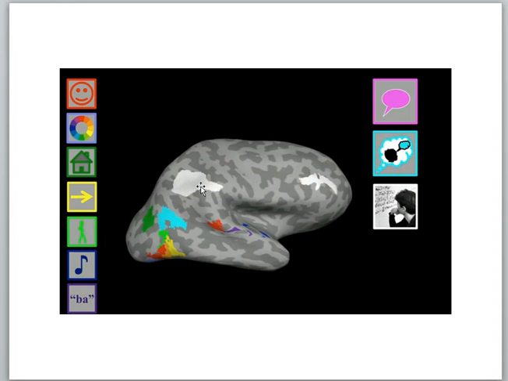So Kanwisher's arguing that the brain does seem to have a set of functionally specialized regions. Now, how they come to be that way is a matter of ongoing research. But fMRI and lesion data and stimulation data are filling in this picture of what different parts of the cerebral cortex are doing.